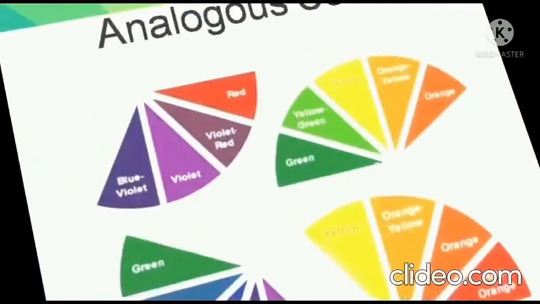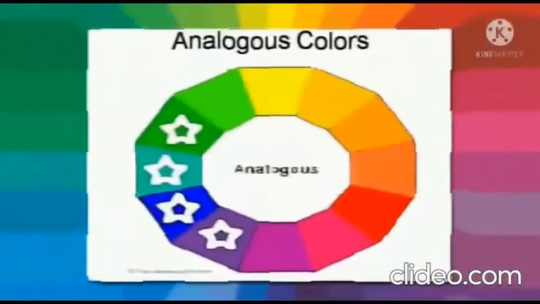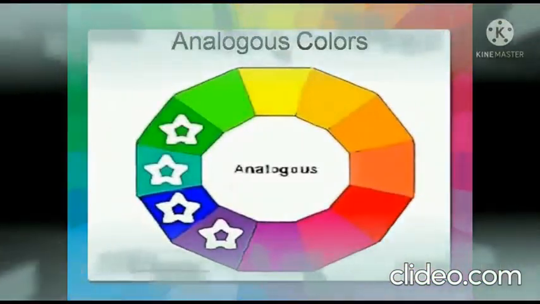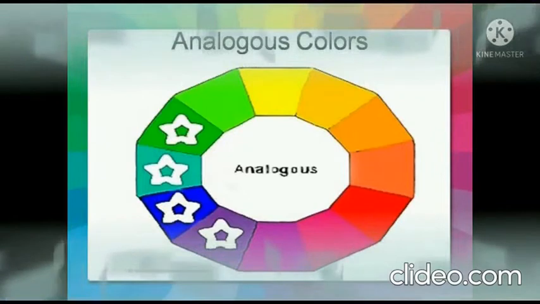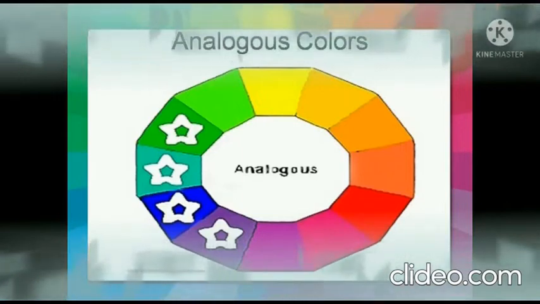An analogous color scheme cannot have two primary colors because the primary colors have nothing in common. The color scheme creates a sense of harmony and is similar in appearance because the colors have a common yellow hue: yellow, yellow orange, orange, red orange.